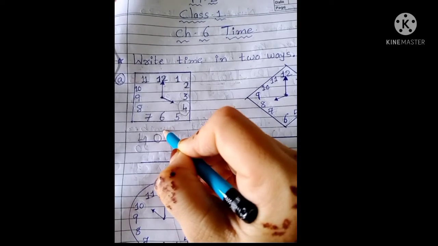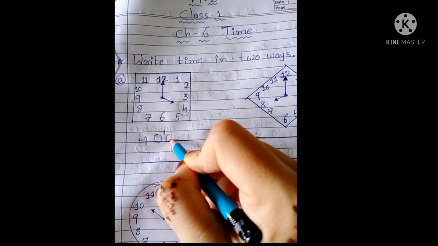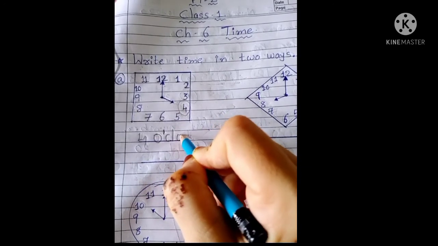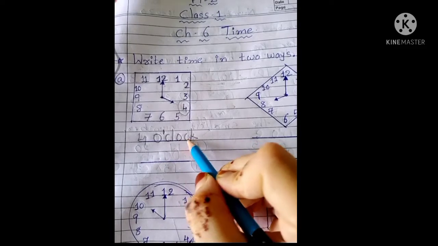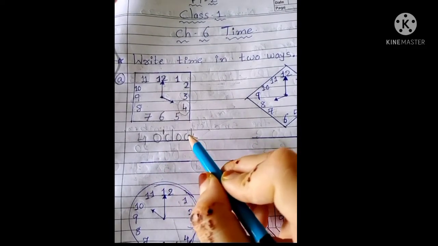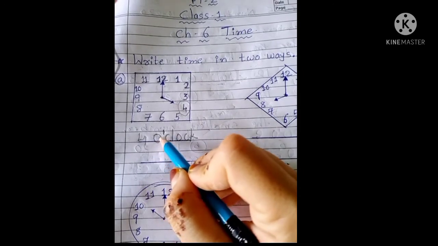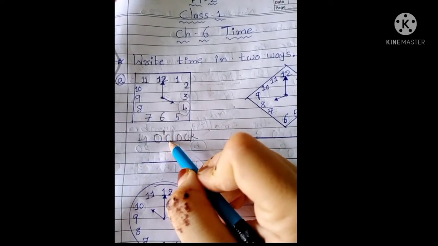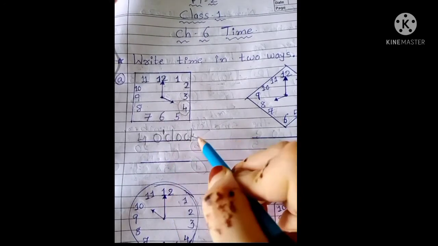O, then apostrophe S like this, then C L O C K. This is the spelling of o'clock. Like this way you have to denote it. Is that clear? O'clock spelling is O apostrophe S C L O C K, o'clock.